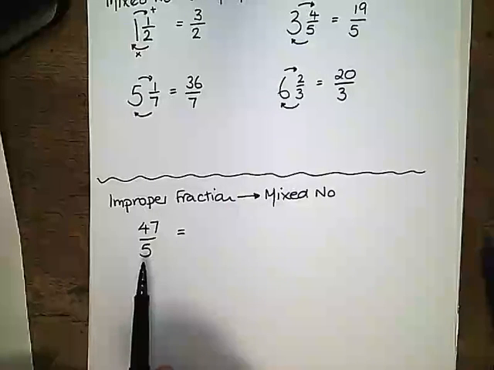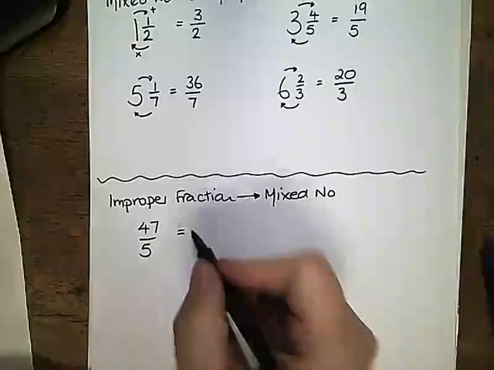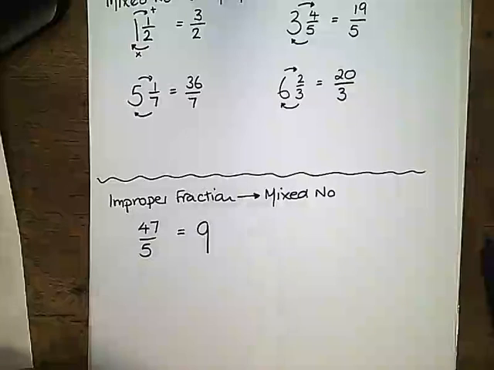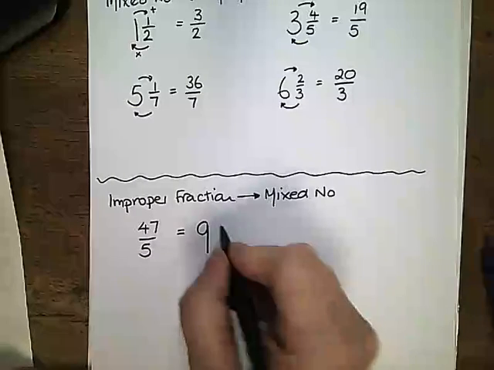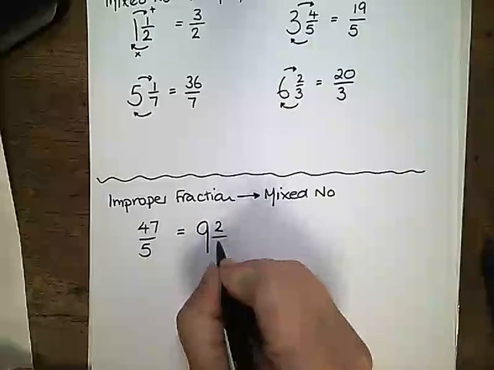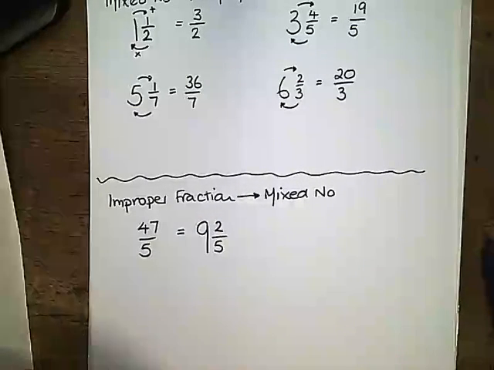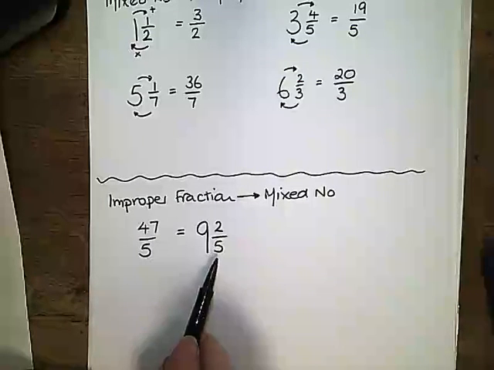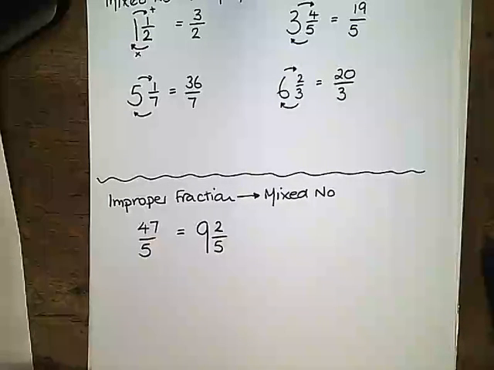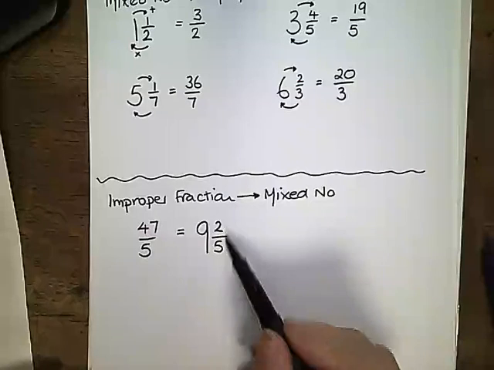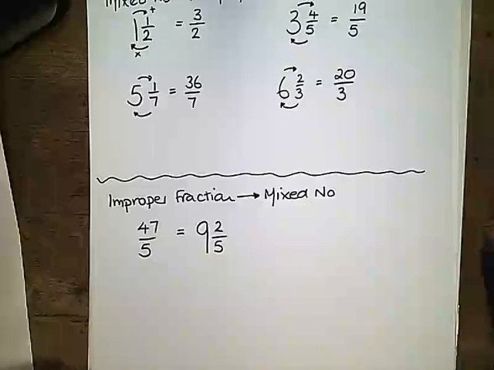So I go through the 5 times table, and there are 9 5s in 47. That takes me up to 45, which means I've got 2 of those fifths left over. So the 2 goes on the top, and the 5, which is the denominator of the original fraction, goes on the bottom. If you can cancel these down, you should, but this one doesn't cancel down.